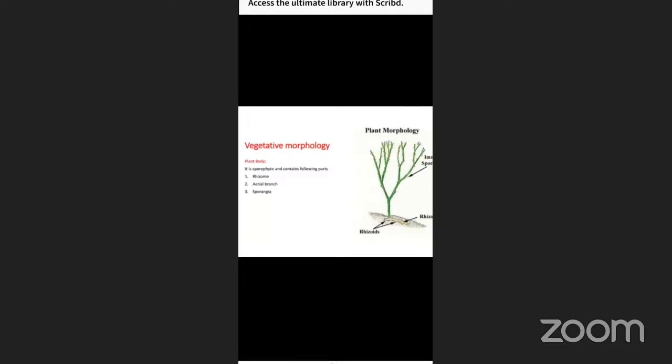In the shoot system, three regions are there. The outer one is the epidermis, which is the protecting layer. In the middle is the cortex, and centrally is the stele, which is the vascular system. The epidermis is well developed and heavily cutinized.